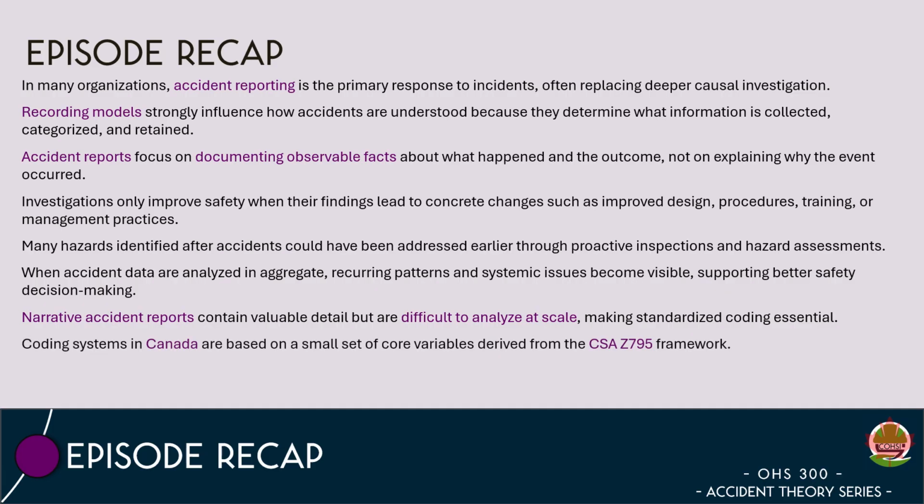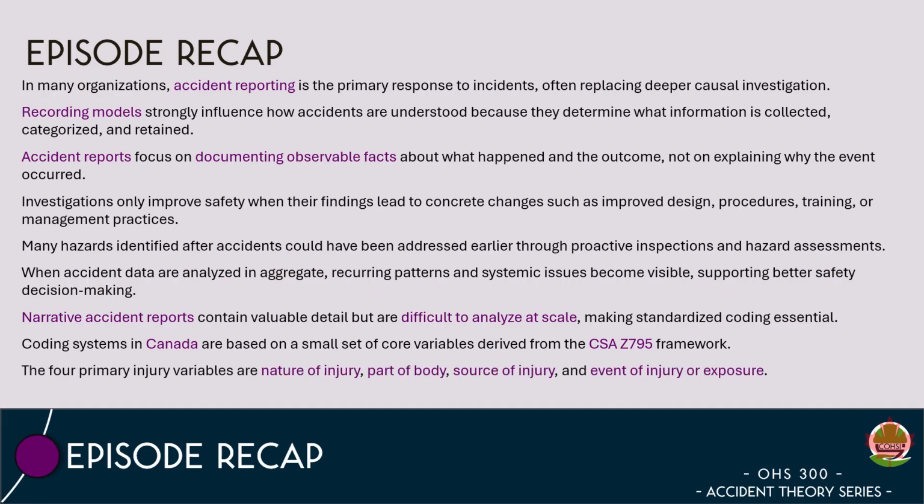Coding systems in Canada are based on a small set of core variables derived from the CSA Z795 framework. The four primary injury variables are nature of injury, part of body, source of injury, and event of injury or exposure. Coding taxonomies are hierarchical, moving from broad categories to specific values to reduce ambiguity and improve consistency.